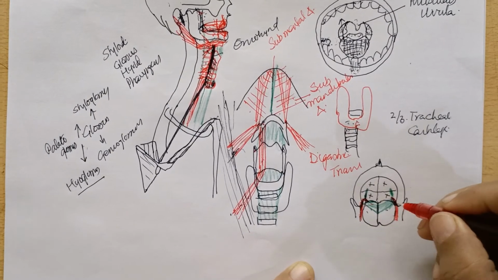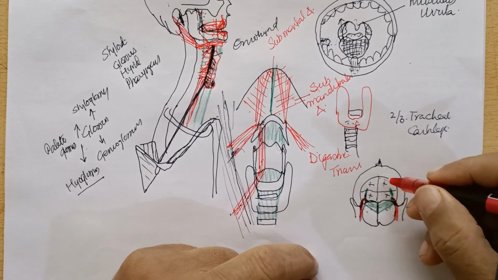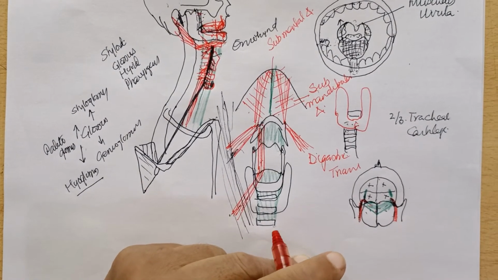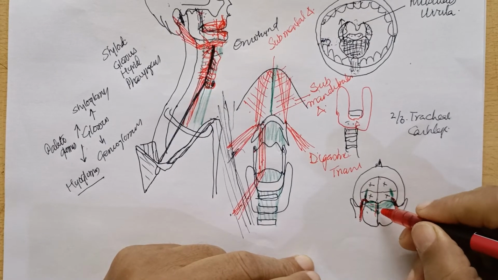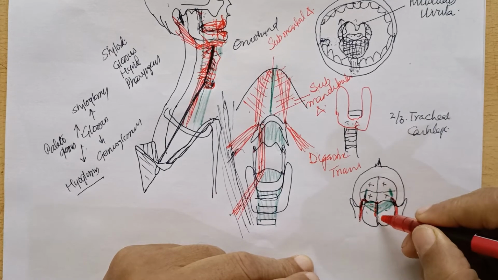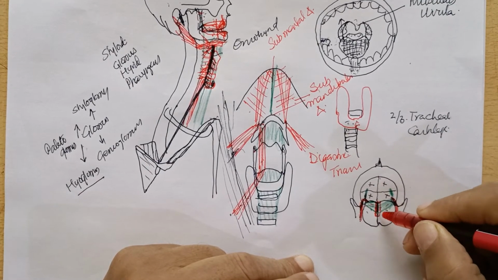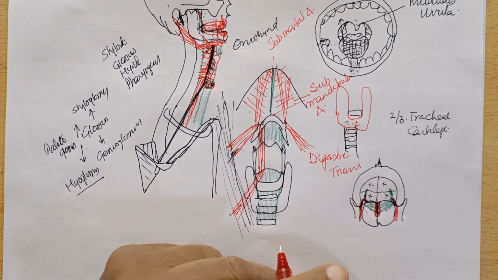And this was the tensor veli palatini. So this is the soft palate, and this is the hard palate. From here you have another muscle which arose from the posterior nasal spine, which was here, and got inserted into the uvula, and this was the musculus uvulae.